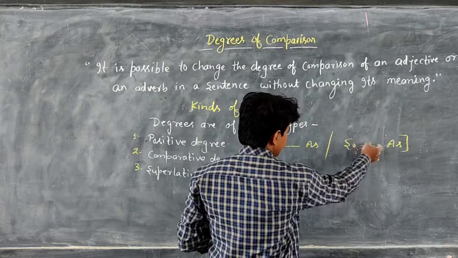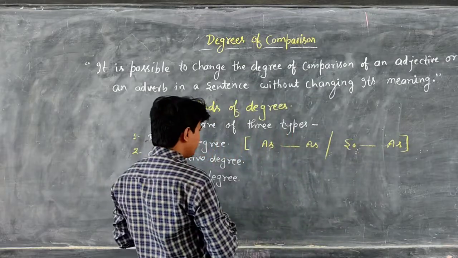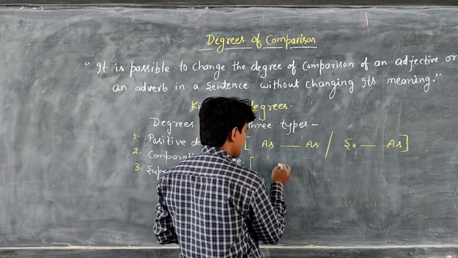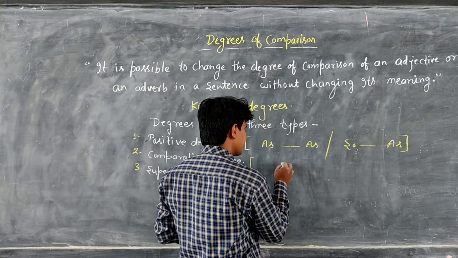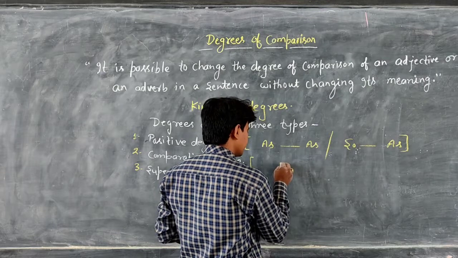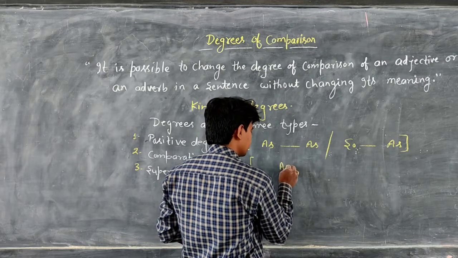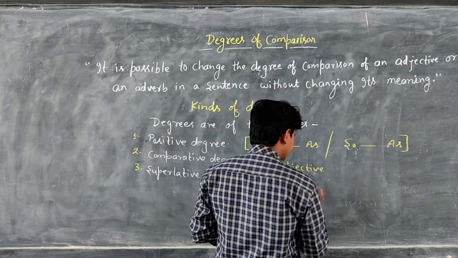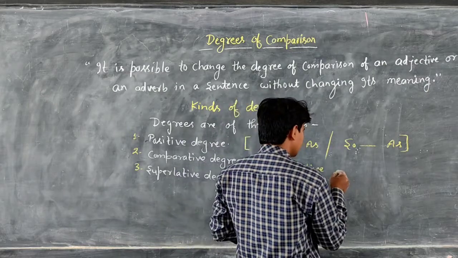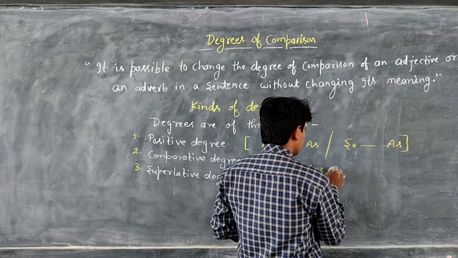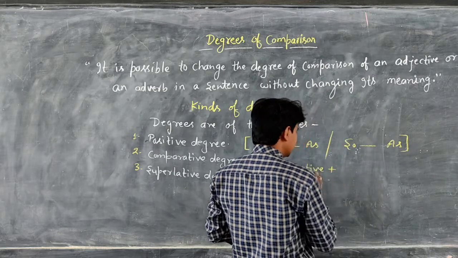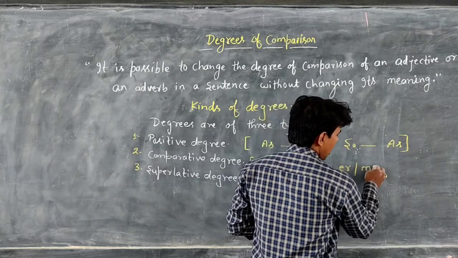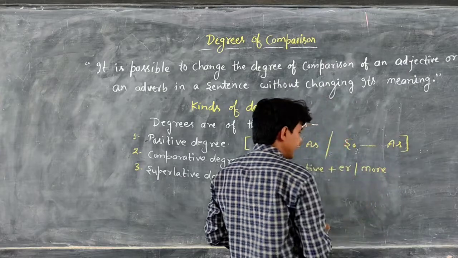If we talk about the comparative degree, so you will have the structure with an adjective, and that adjective will take either "er" or "more" to form the comparative.